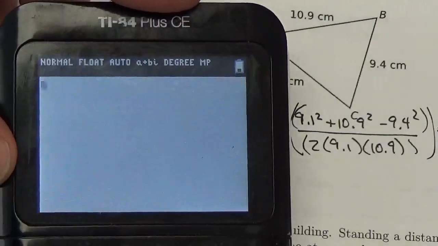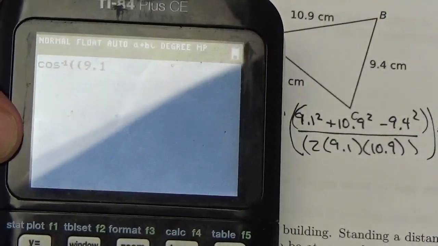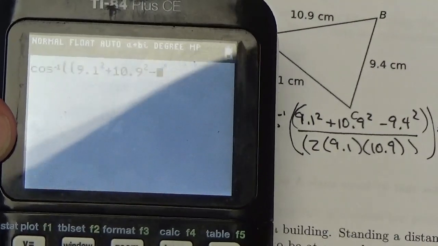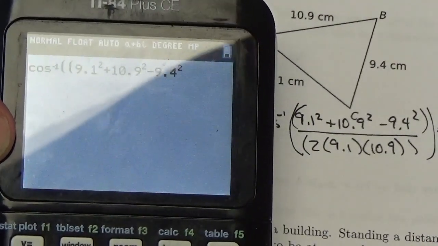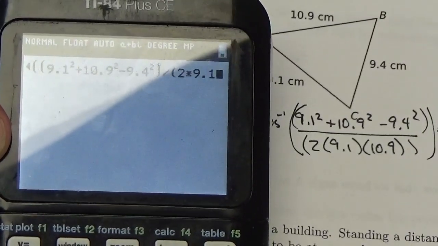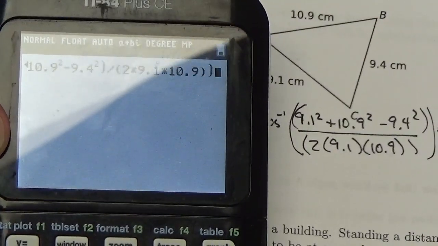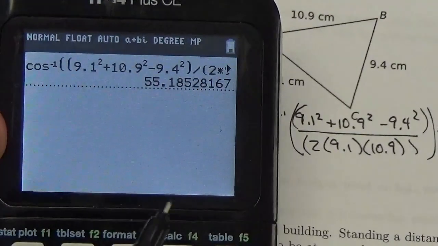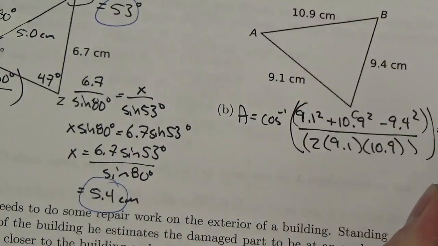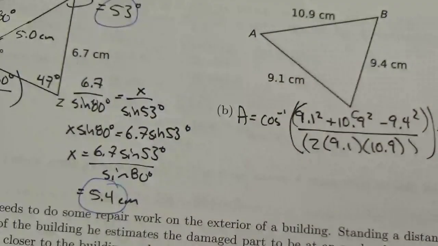So that will be the inverse cosine, bracket, 9.1 squared plus 10.9 squared minus 9.4 squared, close the brackets, divided by, open them up again, 2 times 9.1 times 10.9, close. Oh, sorry, you can't see that. 55 degrees. Okay, 55 degrees. I got a weird glare there.